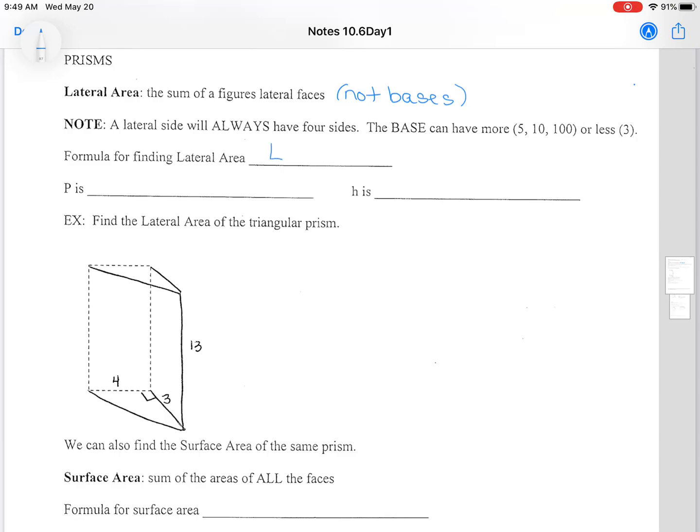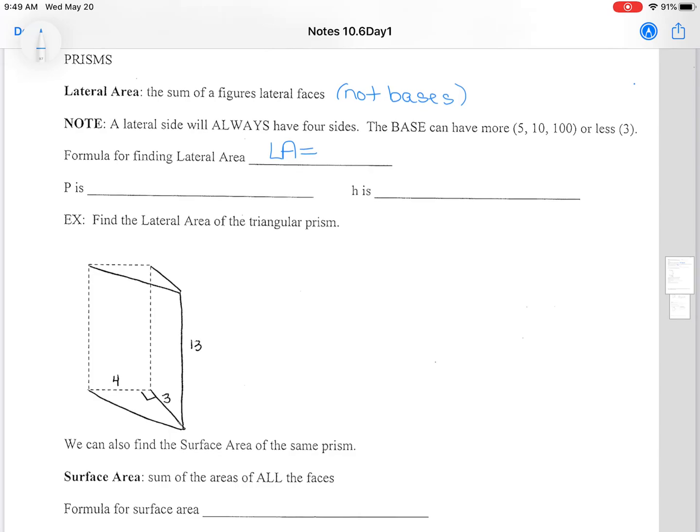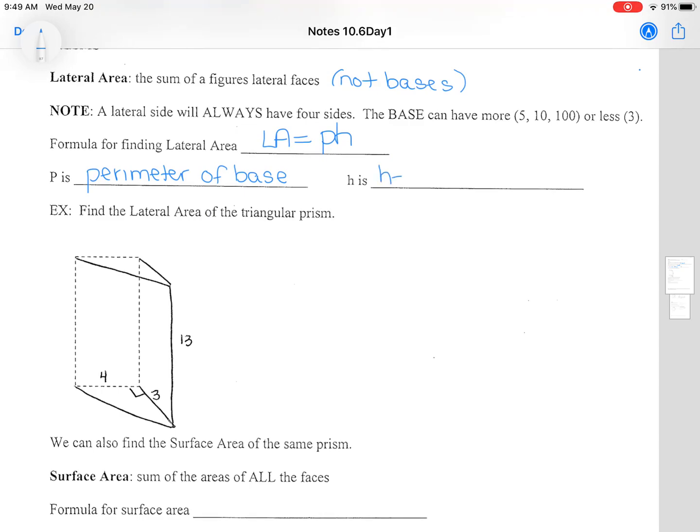So the formula that we're going to use for finding lateral area, we're going to use LA to designate lateral area, and we're going to write P times H. Now P stands for the perimeter of the base, and H stands for the height of the actual prism itself. So height of the prism.